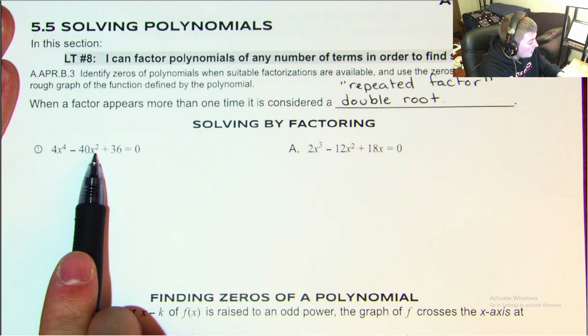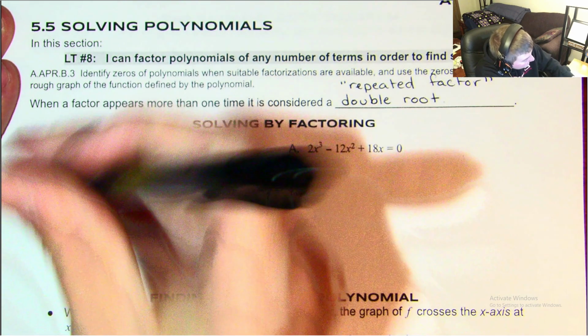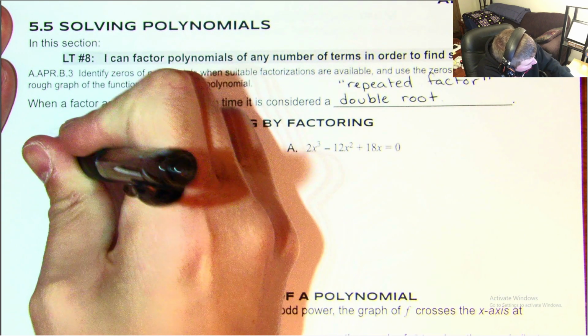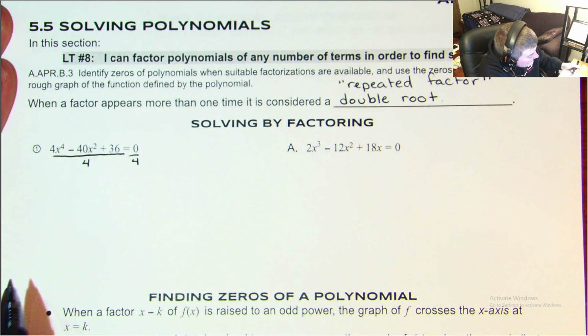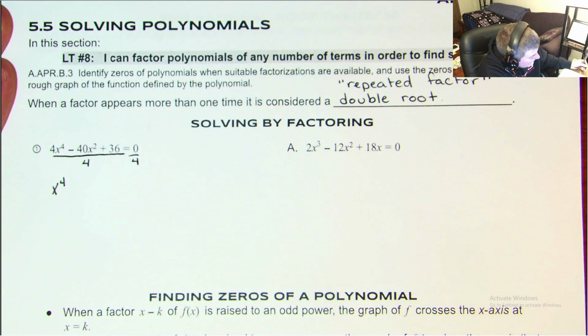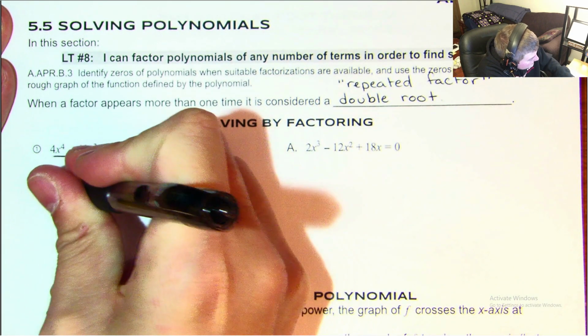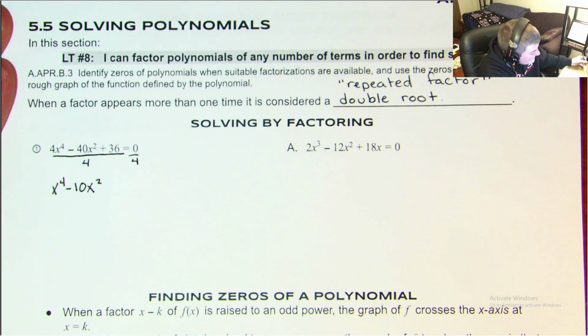Variable-wise, they do not all have a common variable, but they each appear to have a common factor of 4. So I'm going to go ahead and divide each term by 4. Okay, 4x to the 4th divided by 4 is just x to the 4th. Negative 40x squared divided by 4 is negative 10x to the second power. And then 36 divided by 4 is 9.